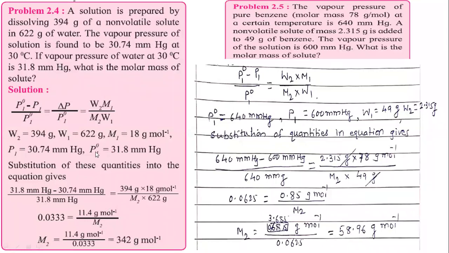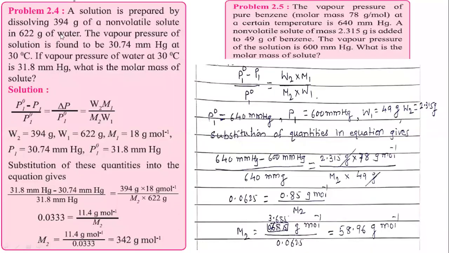I will take one example. The solution is prepared by dissolving 394 grams of non-volatile solute in 622 grams of water. Non-volatile solute means it does not contribute to the vapor pressure.